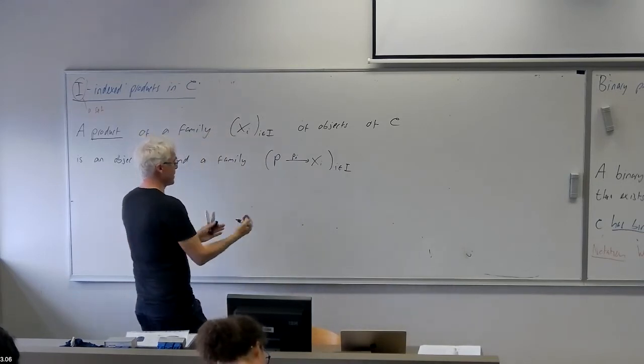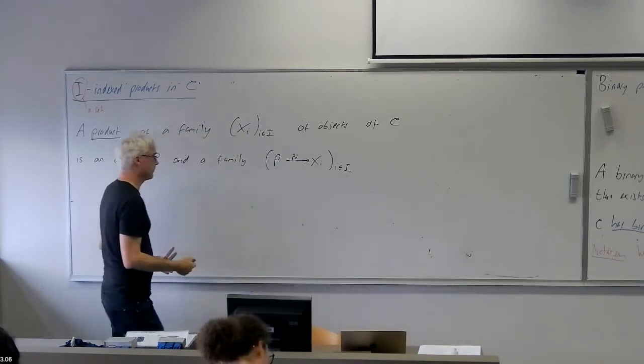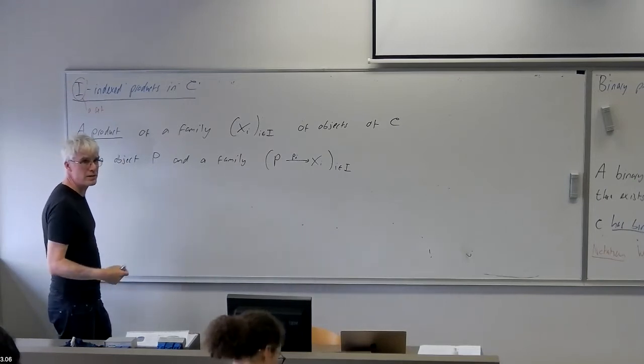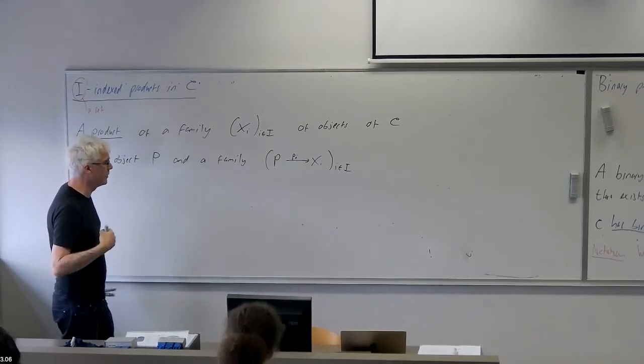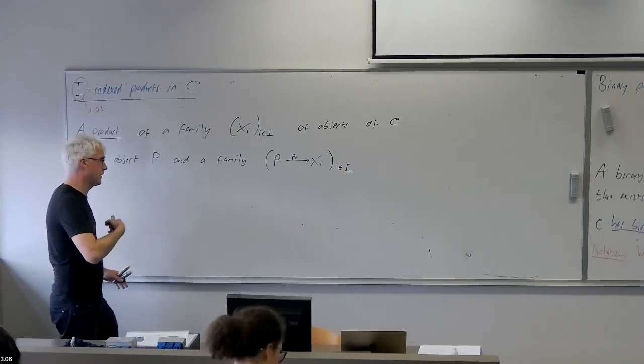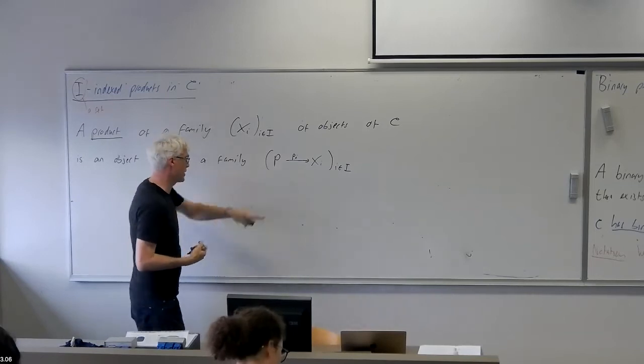Again, it's a cone, again satisfying the same universal property, as it's called: for any cone, there is a unique morphism of cones from that other cone into this product cone.